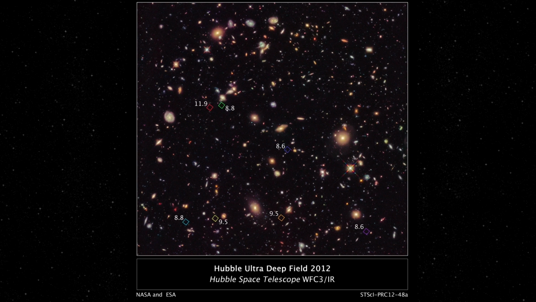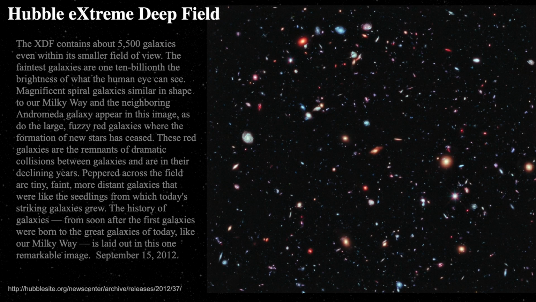So the extreme deep field then stacked all of these images together and made an amazing panorama. They took all the legacy data and all their own current data and pulled it together to make one image, so it actually had many months of time.